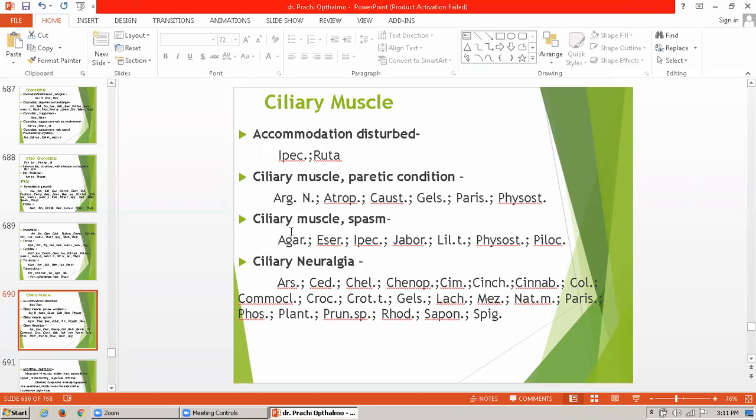And when there is a spasm of the ciliary muscle, then Agaricus, Acer, Ipecac, Jaborandi, Lilium tigrinum, Physostigma, and Pulsatilla are useful.